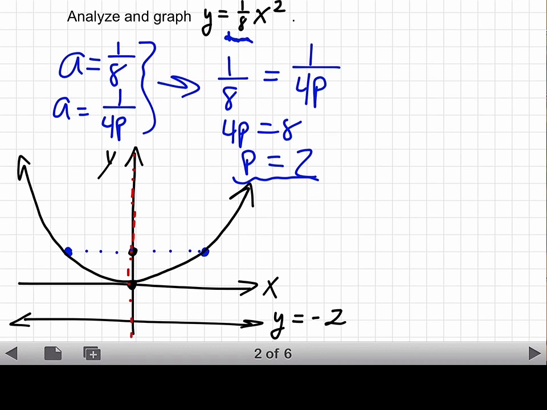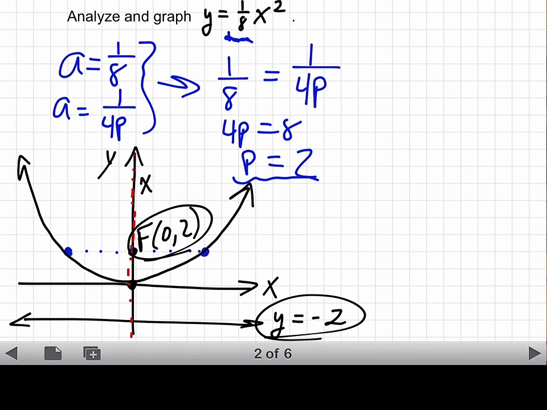In any case here, let's label the focus, which is 0, 2. We've labeled the directrix, which is y equals -2. And sometimes we're asked to give the axis of symmetry, which in this case, a vertical line on the y-axis, means x equals 0.